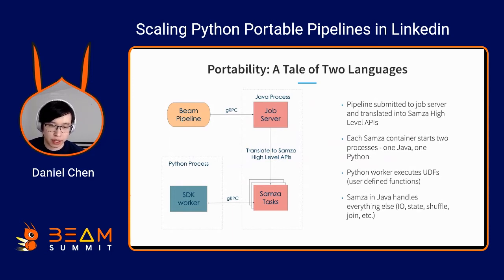It is really when we reach the UDFs that we want to pass the data back to the SDK workers during those executable stage moments. Everything else, I/O, state, shuffle, join, we want to handle on the Samza task.